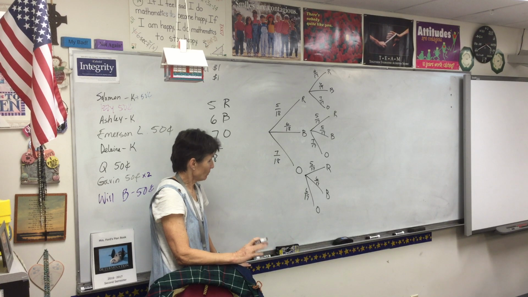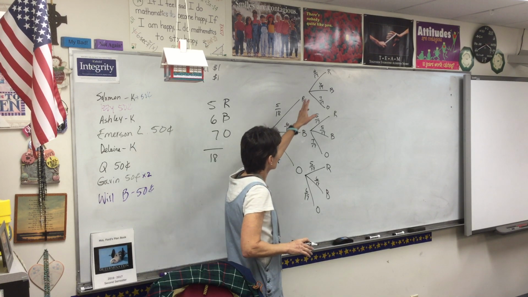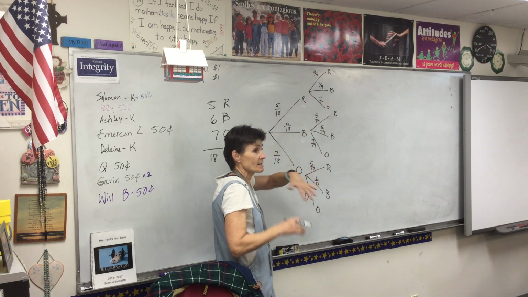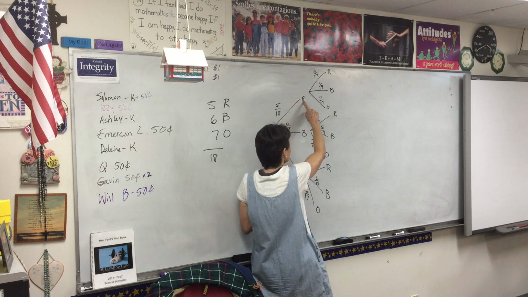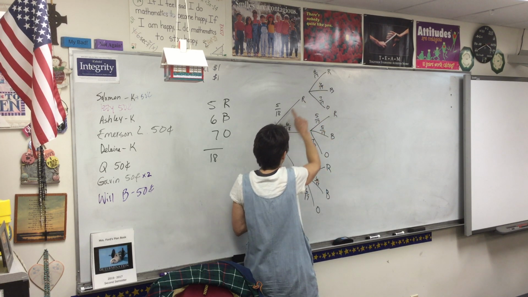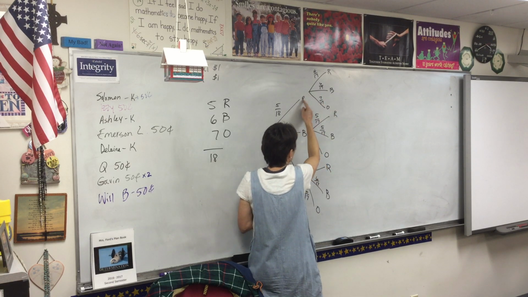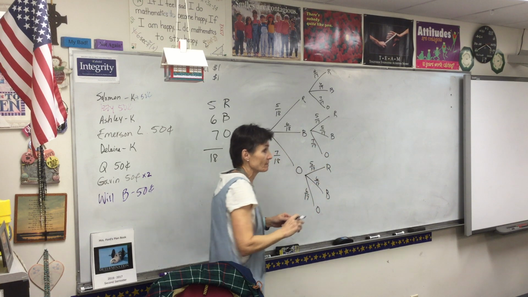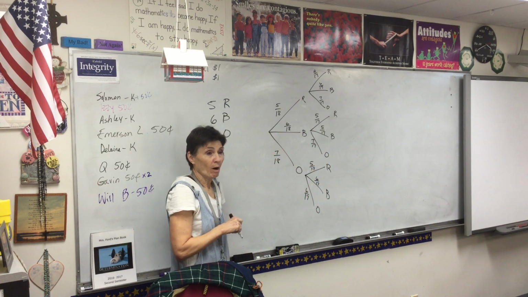Now luckily, we are only pulling out 2 pencils, so we've done that. So each of these little branches represents an outcome. This says you got a red one, and then another red one. This says you got a red one, and then a blue one. You got a red one, and then an orange one. See how it works? Now, what do we want?